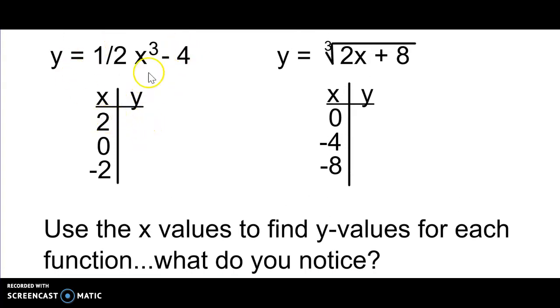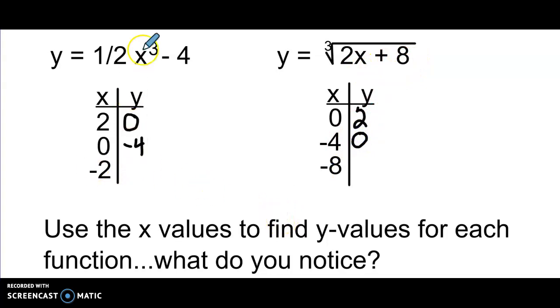If I put 2 in for x here, 2 cubed is 8. Half of 8 is 4. 4 minus 4 was 0. If I put 0 in here, 2 times 0 is 0, plus 8 is 8. Cube root of 8 was 2. We're always reversed like this, right? If I put 0 in for x, I got -4. If I put -4 in for x in its inverse, I got -8 plus 8 is 0.